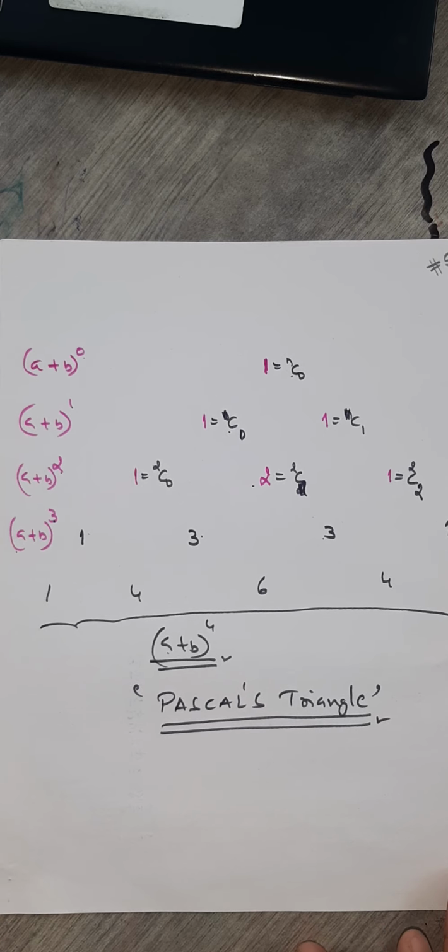Okay, so now we go to the next exercise. That's the first exercise of this chapter, which is exercise 8.1. First question, in exercises 1 to 5 you are going to expand.